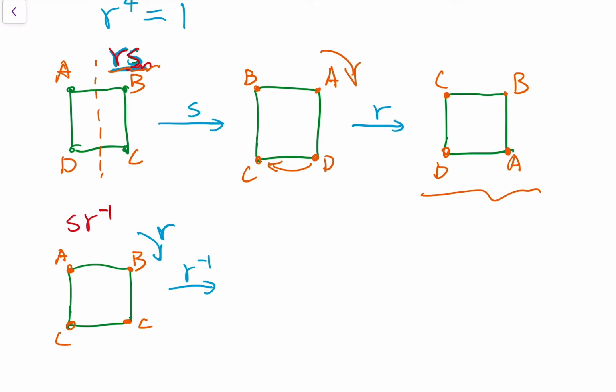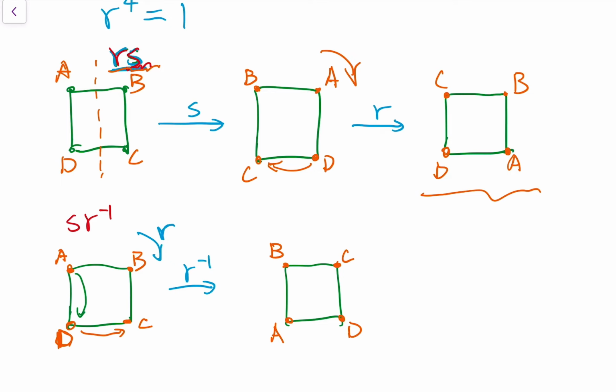So what we get is like this. By rotating it in the counterclockwise direction, A is here, D goes to C, so this is D, and the C will be here, and B will be here.